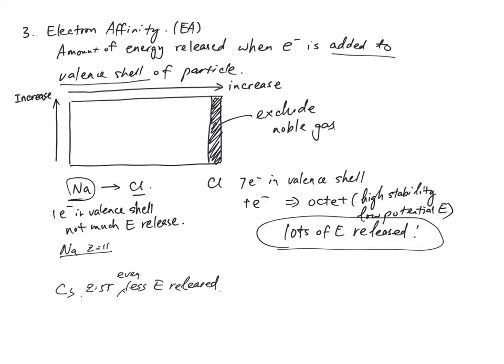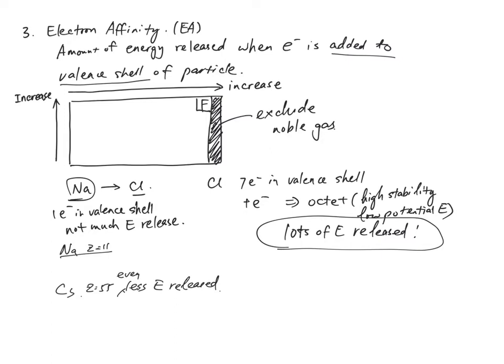Now, following the trend, which element on the periodic table do you think has the highest electron affinity? If your guess is fluorine, then you're right, because we're excluding noble gases. The furthest on the right we can get is the halogen group, and fluorine is the one sitting on the top.